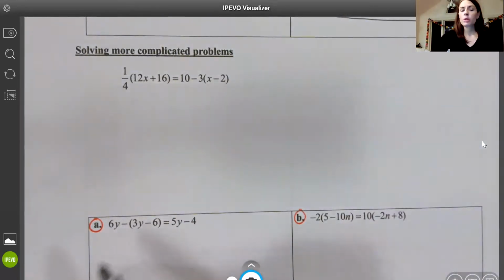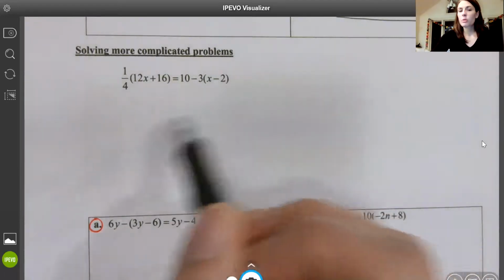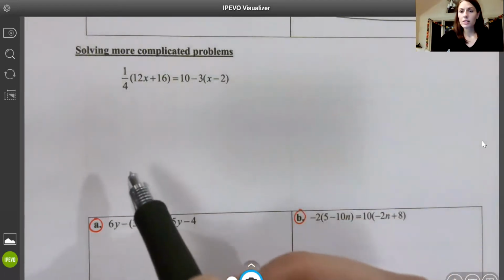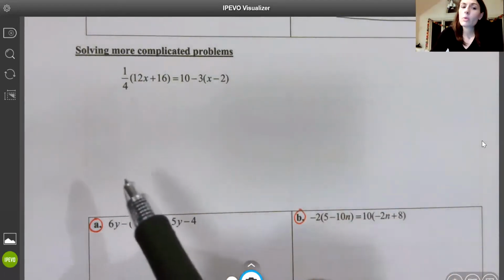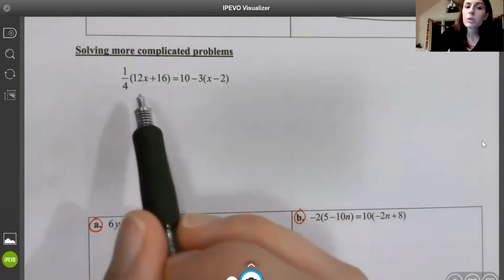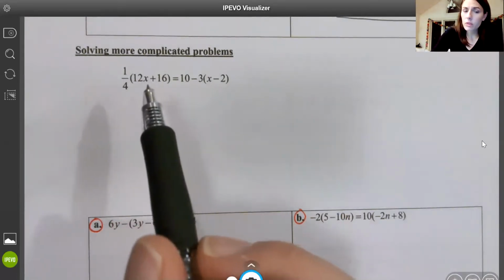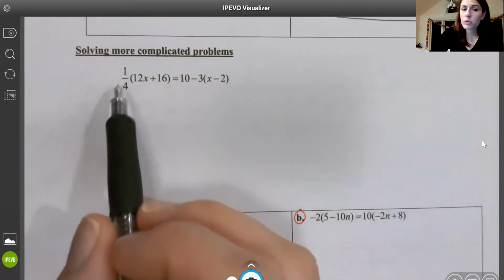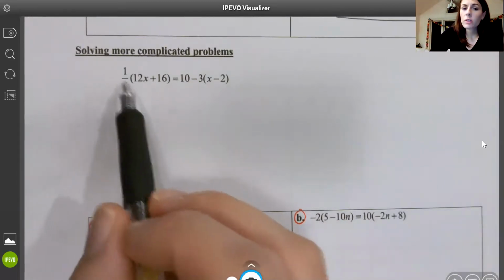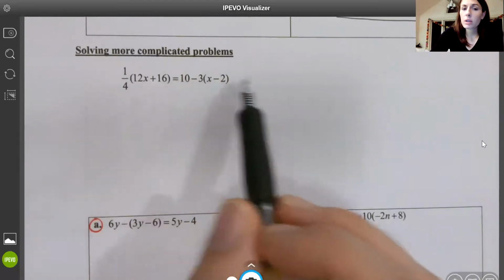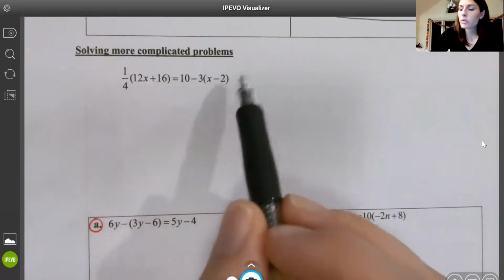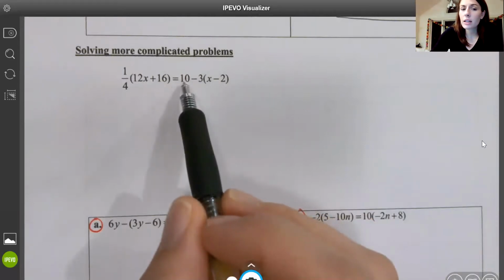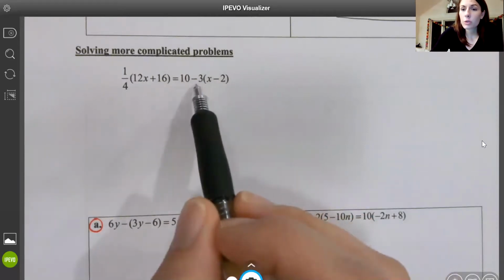So it's actually just going to be fine if I distribute through. The other reason I wouldn't multiply by the reciprocal is there's a little bit more going on here. If you remember, I said be super careful with the reciprocal because it's only going to work for specific types of equations. If I multiplied by the reciprocal here, which would be 4 over 1, it would get rid of this and leave me with my parenthesis. But on this side, I'd have to be careful to multiply both the 10 and the -3 by that reciprocal.